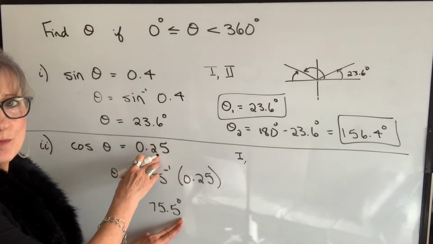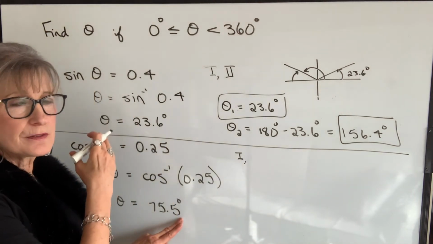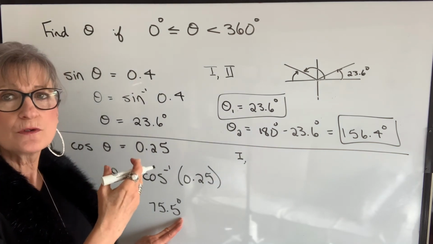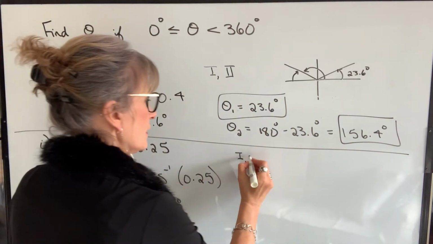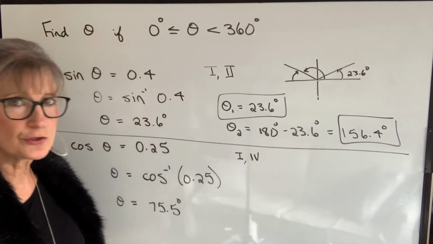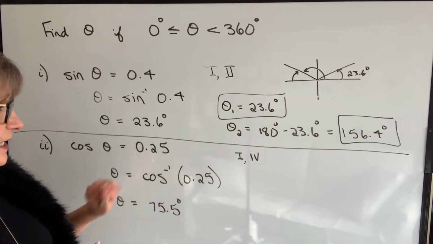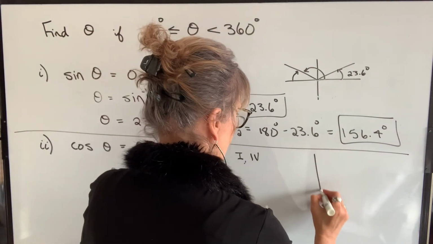Where else is cos positive? According to our Cartesian coordinate system that we just talked about, cos is also positive in quadrant 4. So I'm looking for an angle in quadrant 4 that will have that same cos. So it might help to draw it.